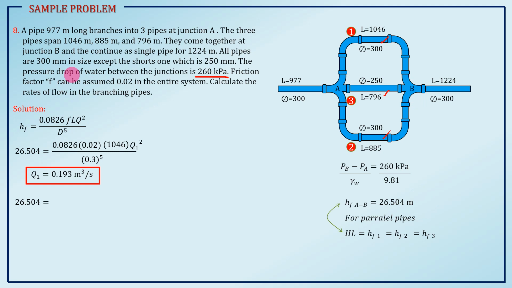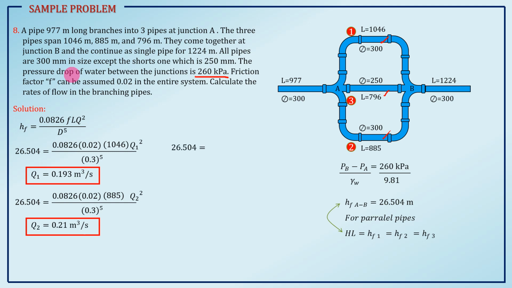So, following the equation, we have 0.0826, F is 0.02, L at pipe 2 is 885, then we have Q2 squared over D, D is 0.3 raised to 5. Now, solving for Q2, it is 0.21 cubic meter per second.